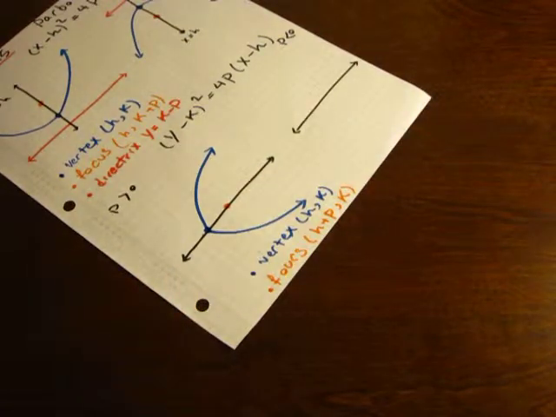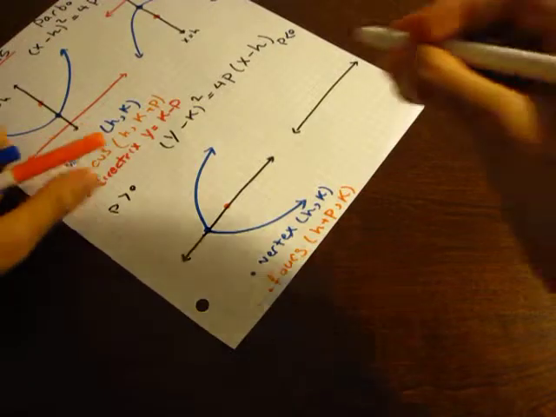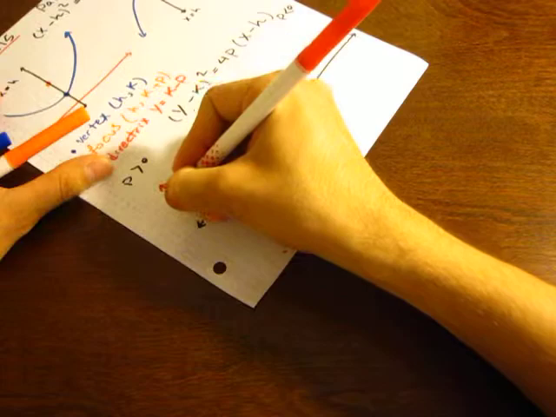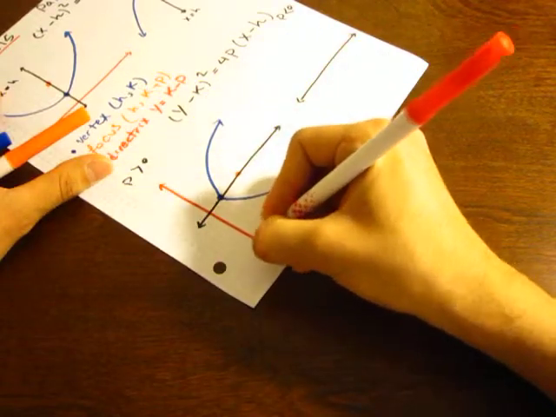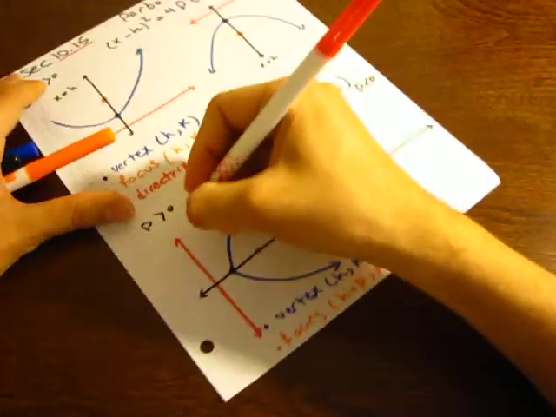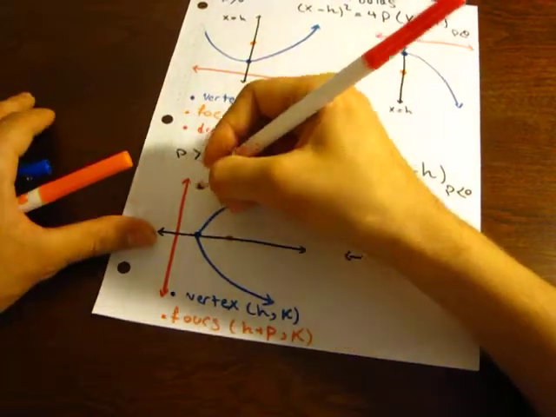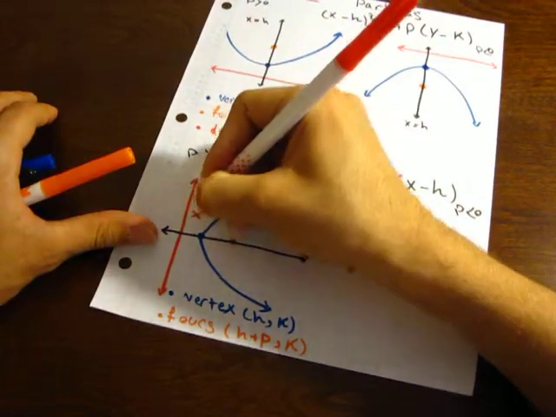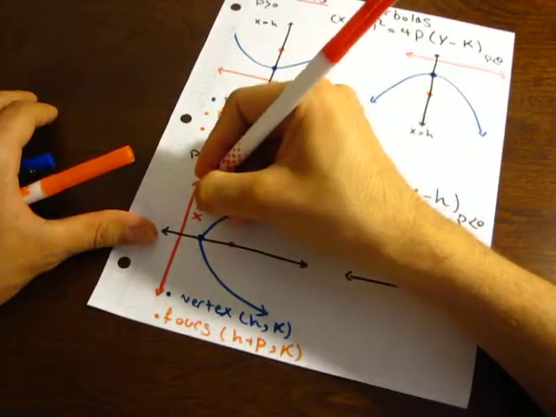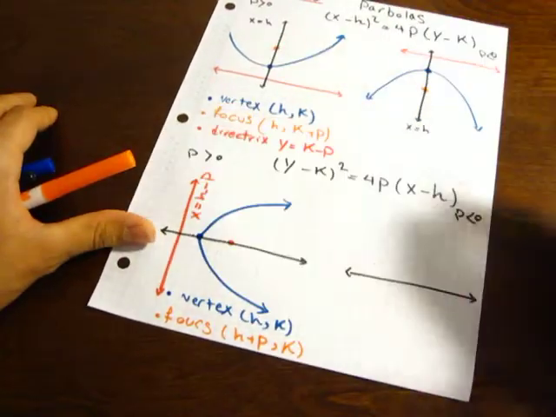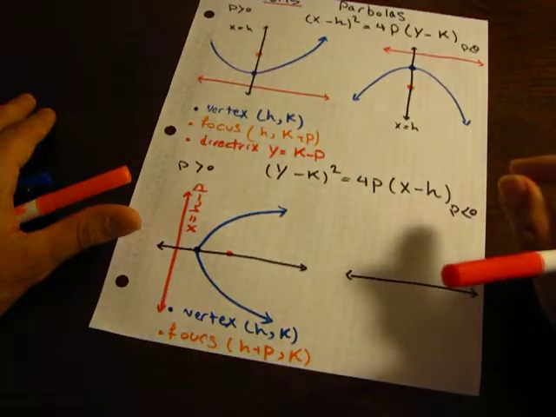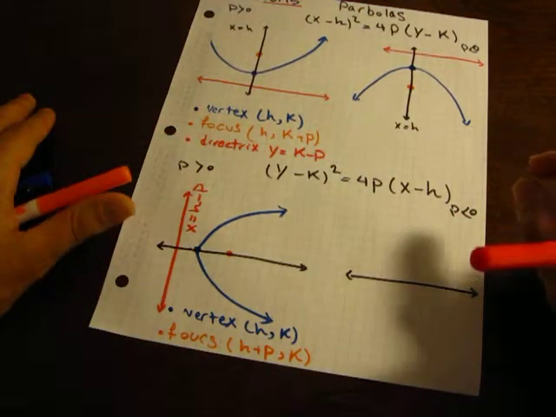And with the red line, I'm going to show you the directrix. The equation of this line, the directrix, is x = h − p. That's the equation of this line, the directrix.